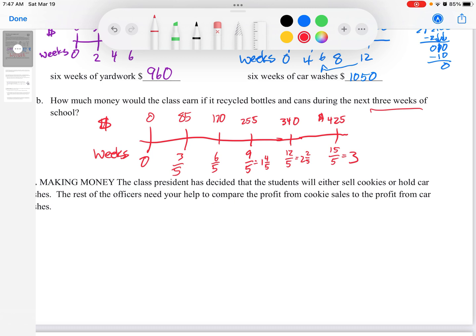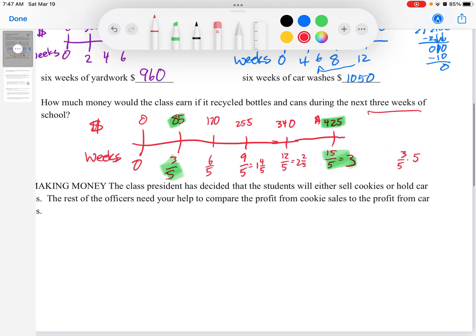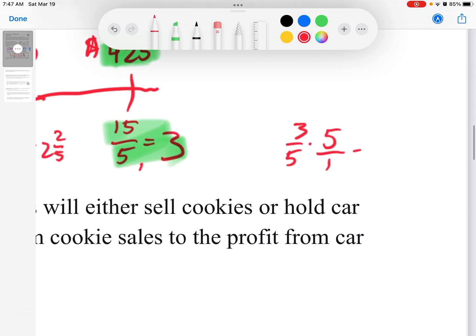425s. So the quicker way to do that is to multiply 3/5 by 5 to get there, right? So then I do 85 times 5 to get here. Just to prove that, 3/5 times 5, I apologize, would get me to 15/5 or 3.